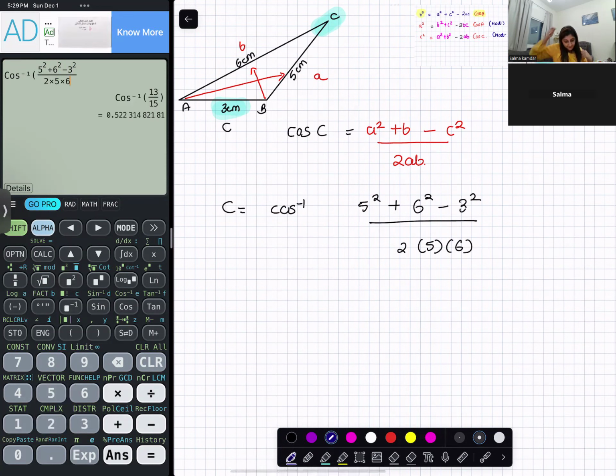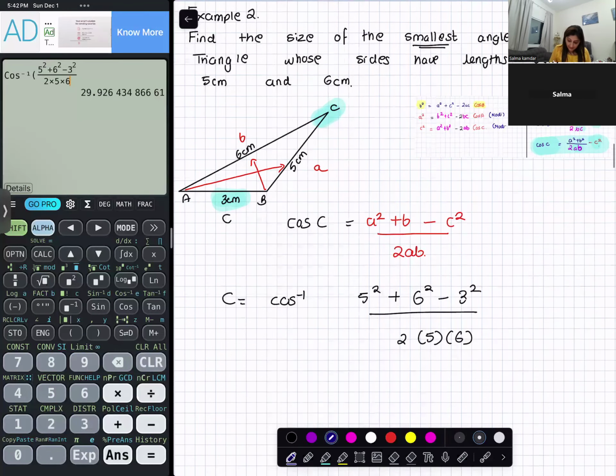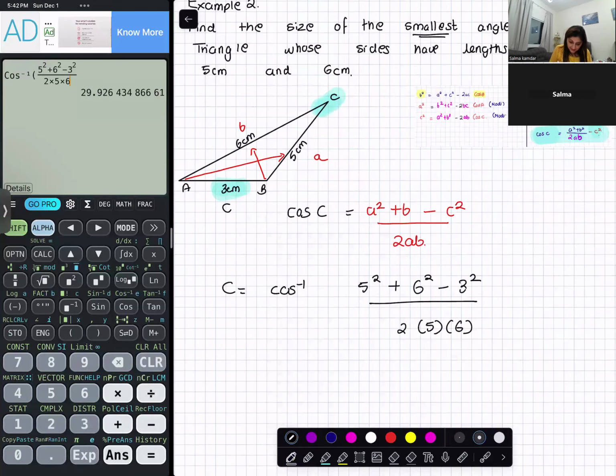So cos inverse is how much? If you put this on the calculator, you would get the value of your angle C, which is C is equal to 29.92, or you could say 29.93 degrees. Okay.